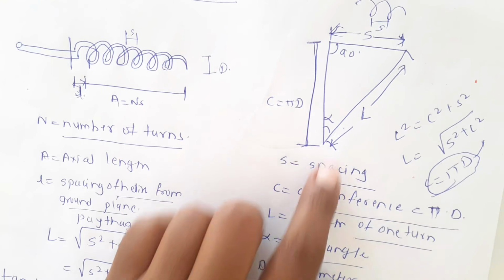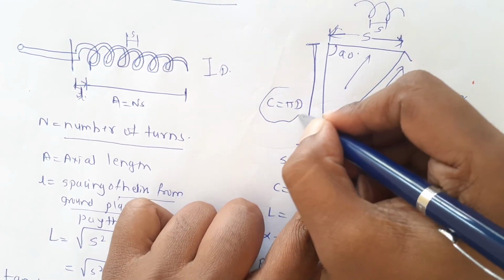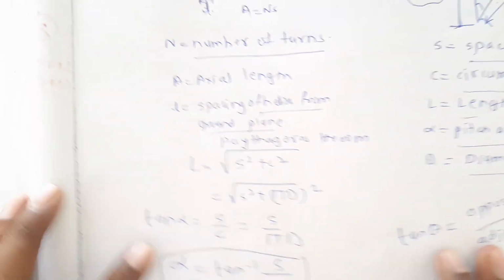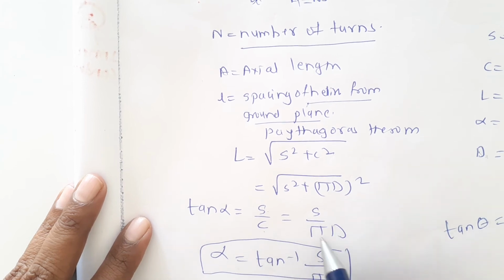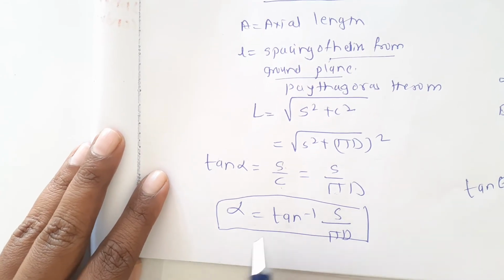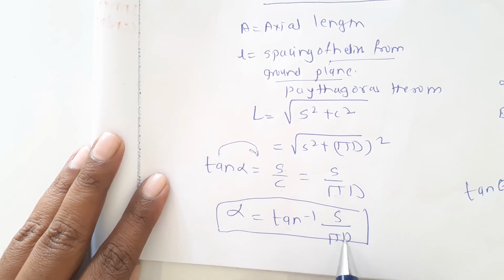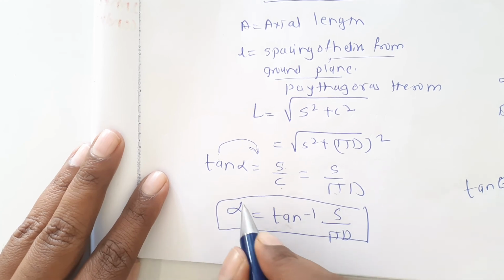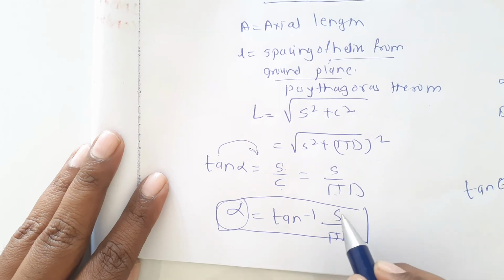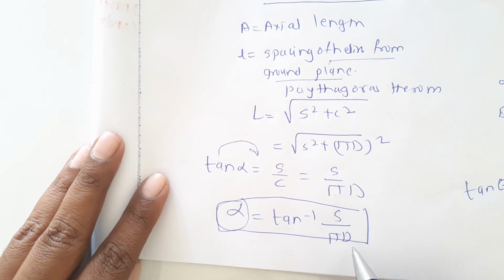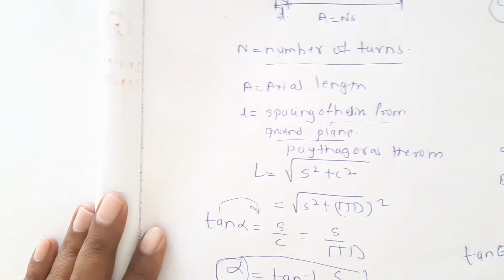So here for tan alpha, for alpha the opposite is S and the adjacent is C. So S divided by pi D. So afterwards alpha will become, on the other side, tan inverse of S divided by pi D. So this is the pitch angle, that is the angle of the helix. S is the spacing between the turns, D is the diameter. So here we will find the value of the pitch angle.